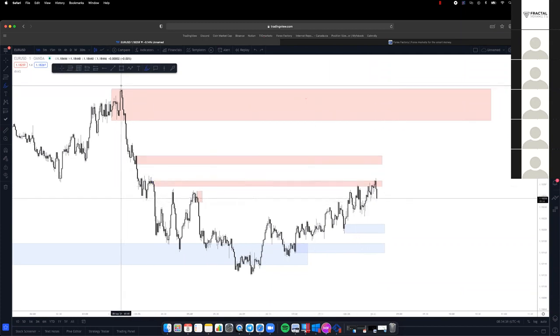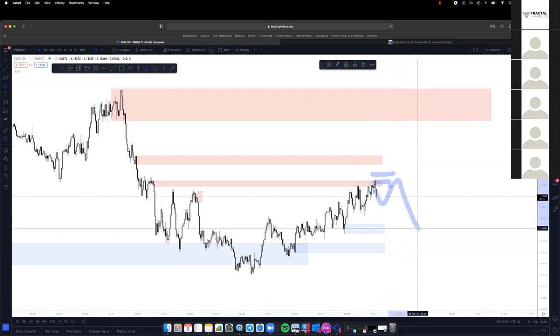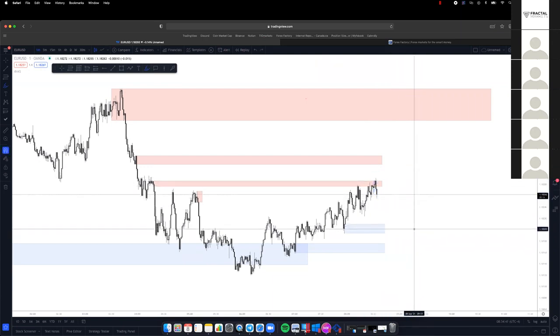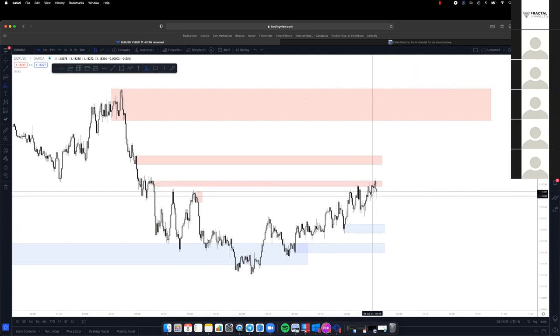Same principles of premium and discount. The only difference is I was entering on momentum as opposed to changes of character with confirmation entries. So a lot of really similar concepts. I don't think Fibonacci's are a bad trading strategy.